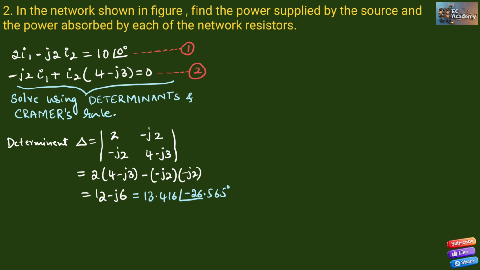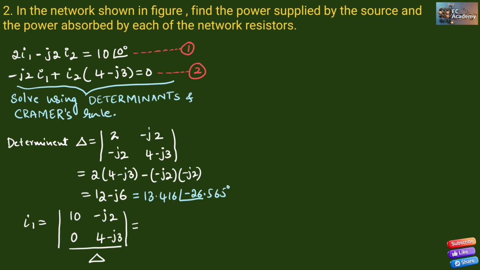This is in terms of polar form. Now we can find the current I1 by replacing the first column of the determinant with 10 and 0. So it will be 10 and 0. And we can retain the second column, which is minus j2 and 4 minus j3, whole divided by delta.